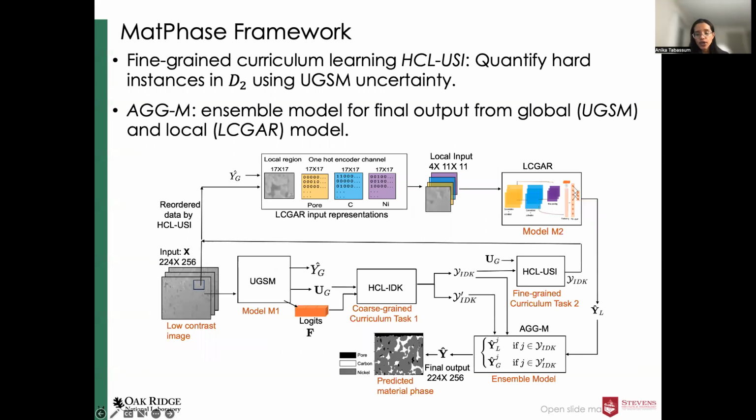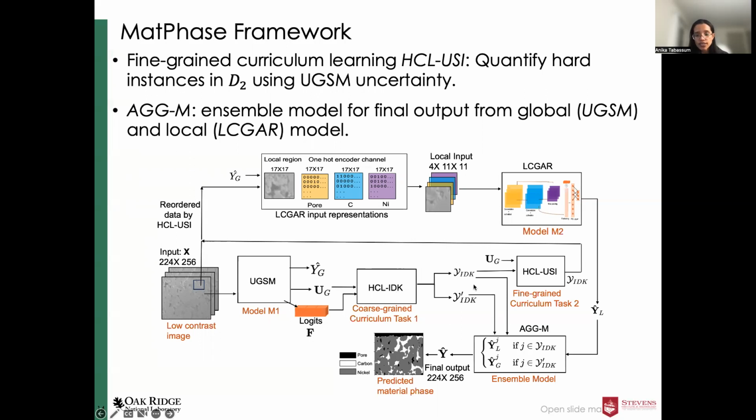Now, this figure shows our proposed overall framework, MatPhase, where the low contrast tomography image is first trained through a global model to obtain the coarse-grained predictions and uncertainty map. These uncertainty maps and the prediction probabilities then pass through a coarse-grained curriculum strategy, HCL-IDK, which is basically a binary classifier. And hence they identify the I don't know pixels.